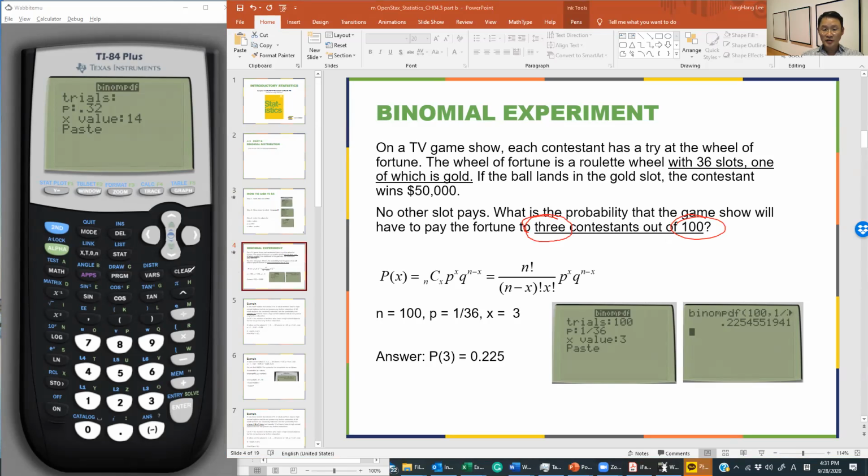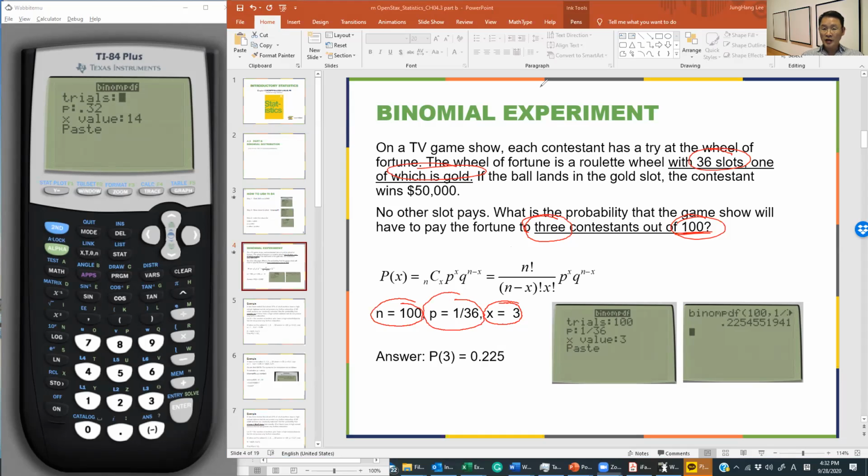Out of 100 trials, that means n is going to be 100, and we are looking for x number of success cases, so x is going to be 3. But what about the probability of success for each trial? There are 36 slots, and only one of them is gold. So p is going to be 1 out of 36, just like that, right?